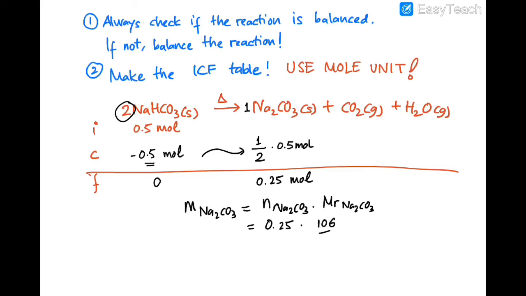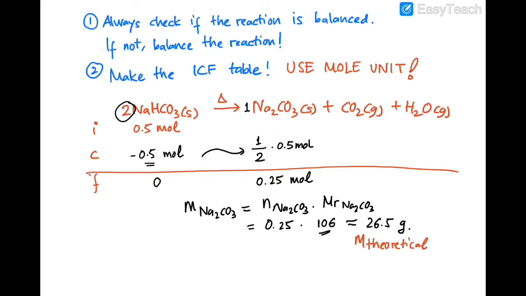You can find also this value based on the data that you can check in the periodic table. Then you will get more or less 26.5 grams. So this is what we call the theoretical mass, the mass of the product that you obtain from stoichiometric calculation.